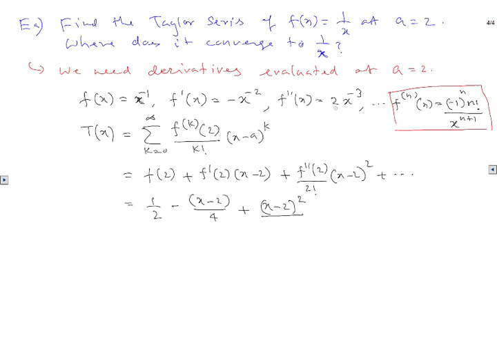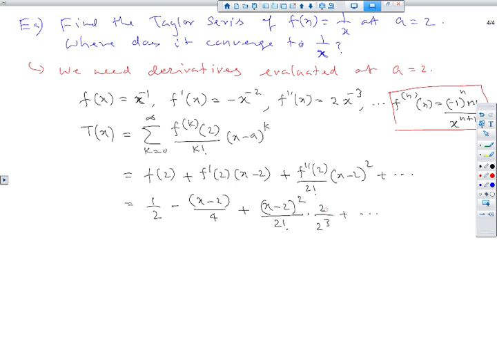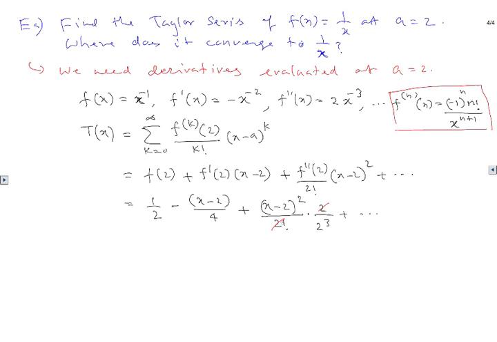So that means 2 over 2 cubed. And then also there's a factorial. The factorial 2 cancels the 2 here. So here you have 2 factorial, and your derivative is 2 over 2 to the cube, right? So you can see that this and that get cancelled.